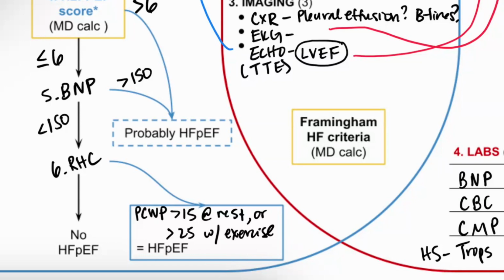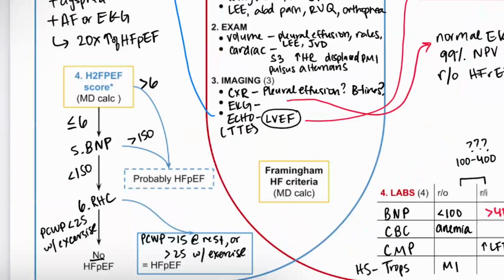Okay. There's one other criteria that considers cardiac output, but we will keep it simple today. If the pulmonary capillary wedge pressure is less than 25 with exercise, then this also definitively rules out HFpEF.